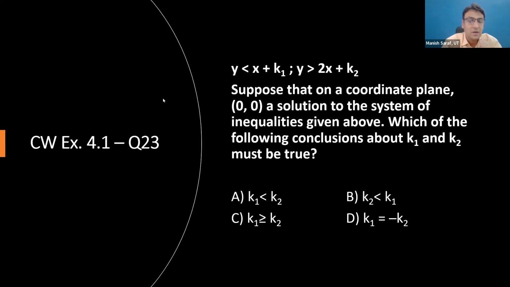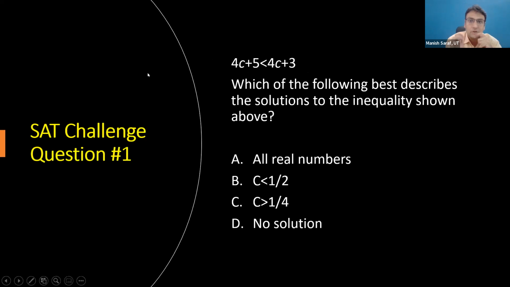Vinayak Patil, correct. Chinmay, correct. I hope everybody has given their answer. If anyone needs a discussion, talk now. Otherwise, we move to the new problem, which is this one. Another 30 seconds. This is challenge problem 1. Which of the following best describes the solution to the inequality shown above?